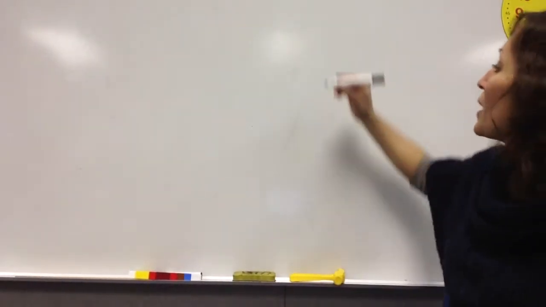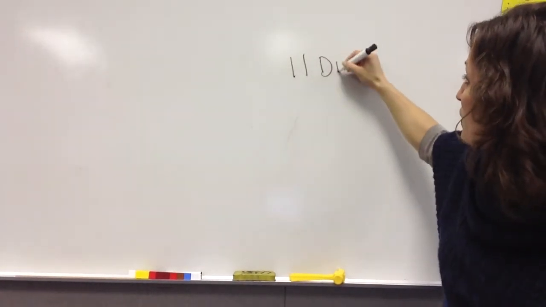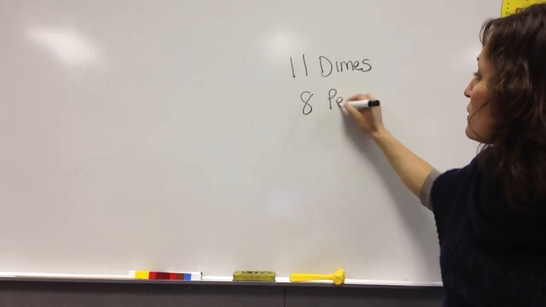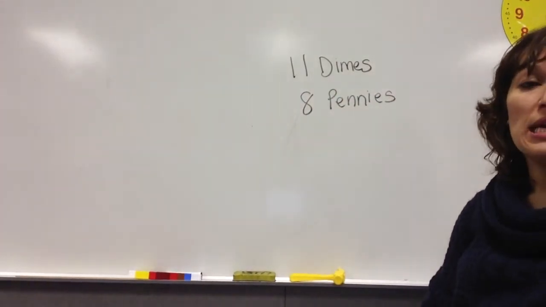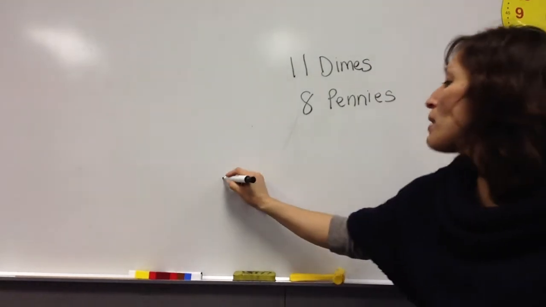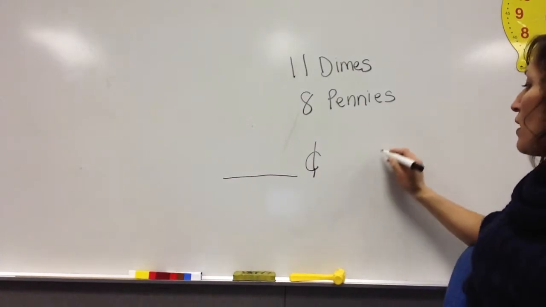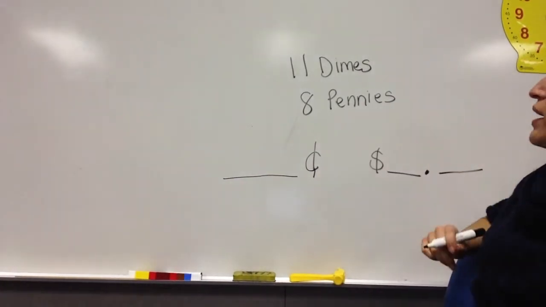If our story is telling us that Jimmy has 11 dimes and 8 pennies, and we need to figure out how much money he has, we need to write this money two ways, in the cents way and in the dollar and cents way.